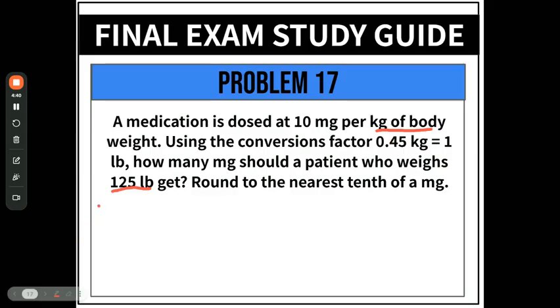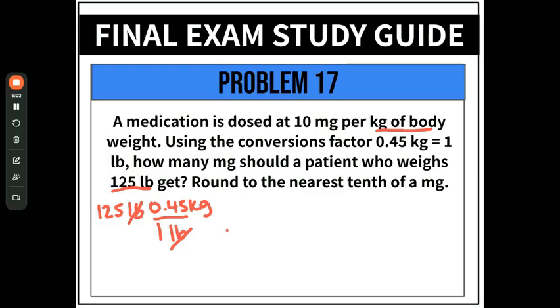So let's start with 125 pounds, and we're going to use our conversion factor here. So pounds is going to go in the bottom, and kilograms in the top. Okay, so we get our units on the top and the bottom to cancel. Then we also know that for every kilogram of body weight, there's 10 milligrams of medication.